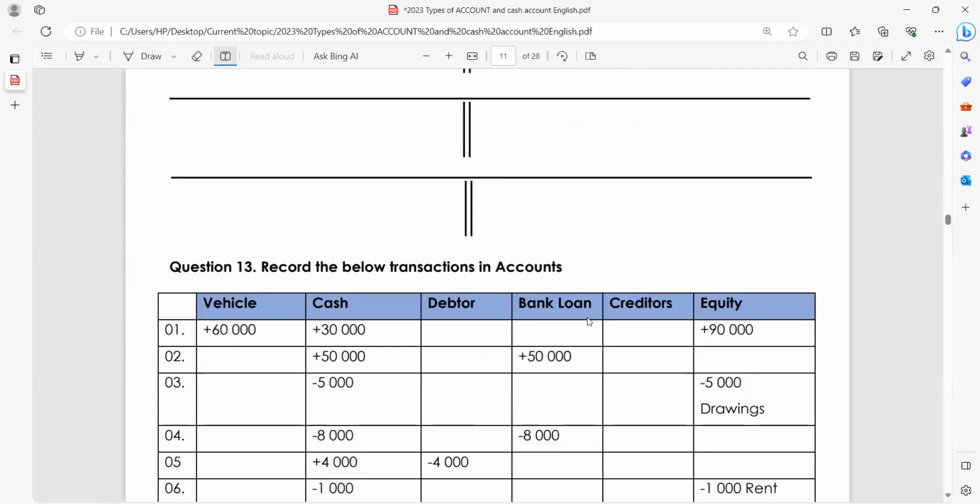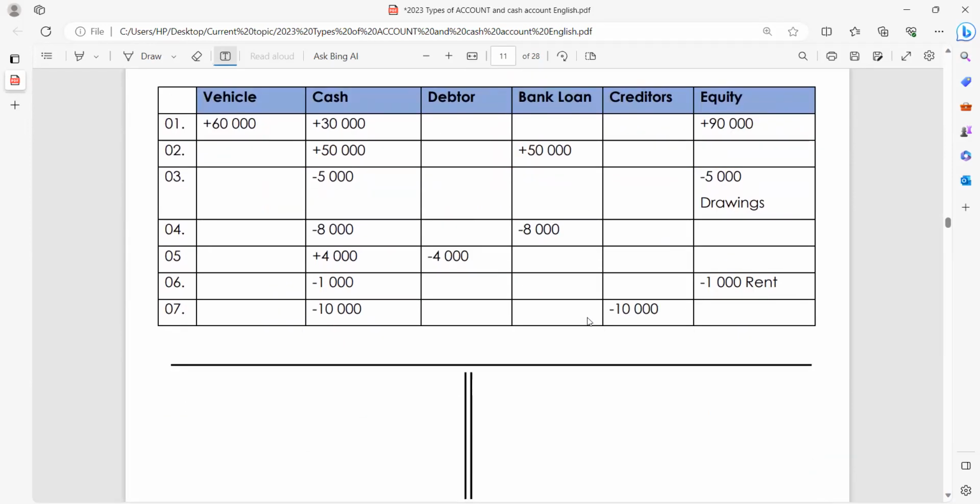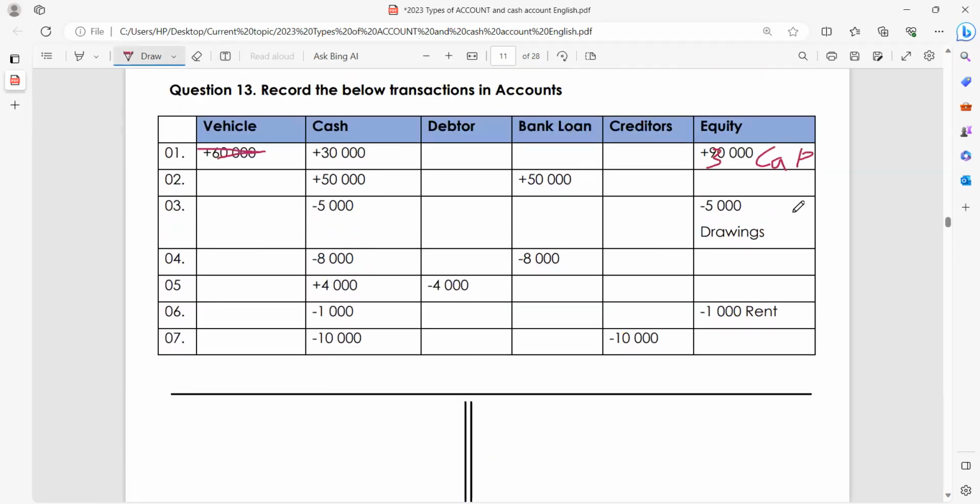The 13th question also uses the same method. You open only one cash account, but there is a small change: cut off this 60,000 and make it 30, equity and capital. You can do the rest.